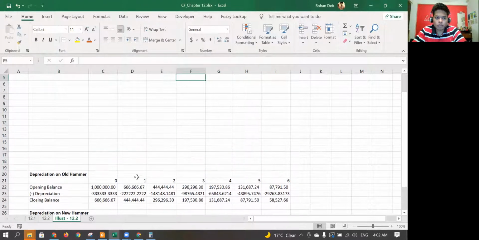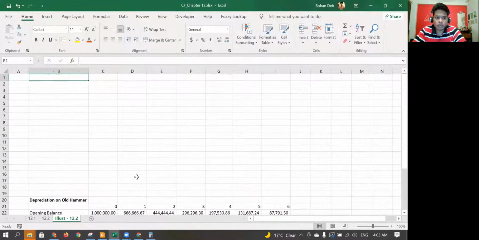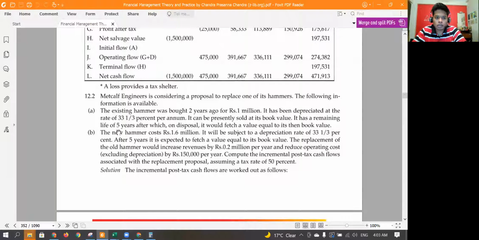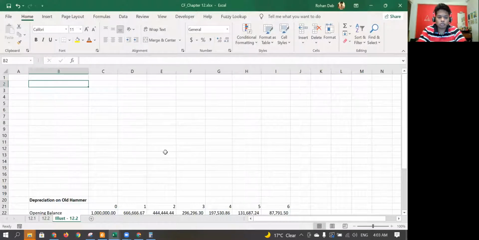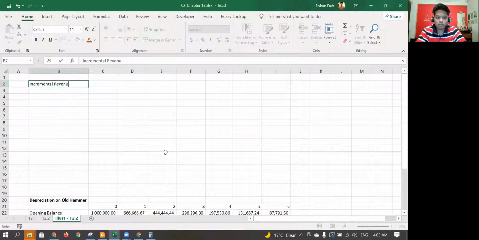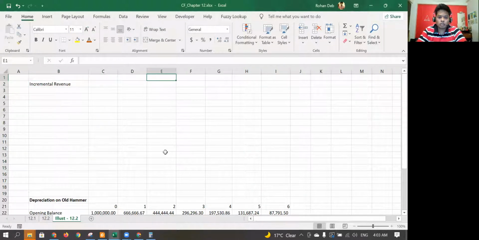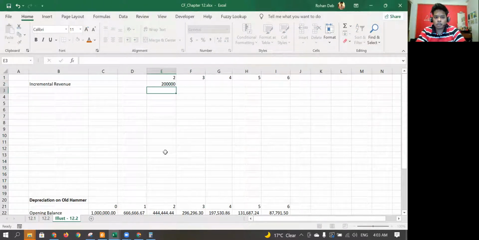Now for the question, what we can do is, it also says that the new hammer costs 1.6 million, depreciation 33%. After 5 years, it fetches a book value. Replacement of the old hammer would increase revenue by 200,000 per year and reduce operating cost. So incremental revenue in year 2, 3, every year incremental revenue is this.